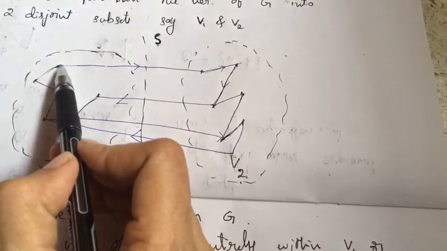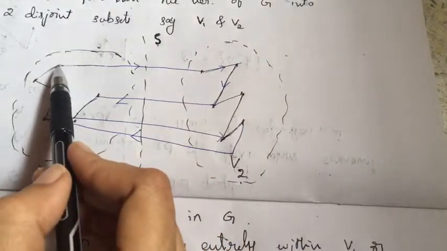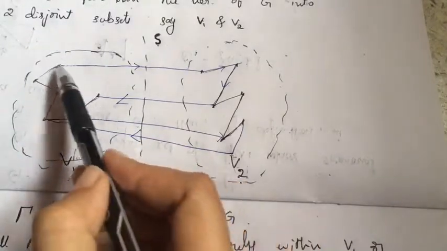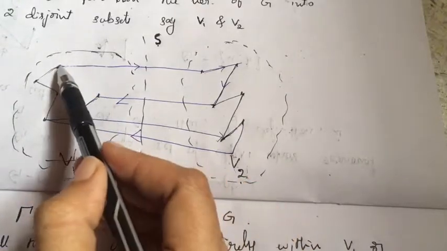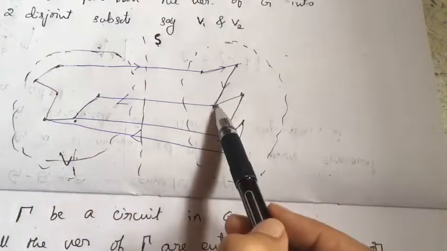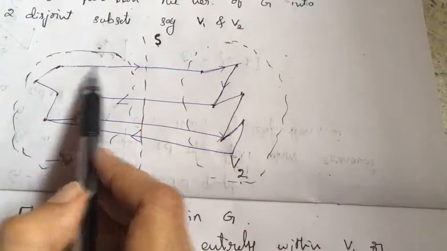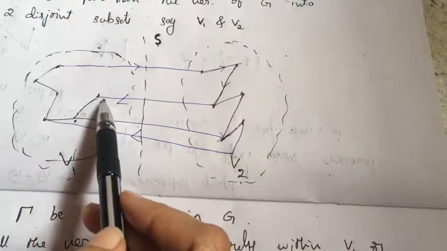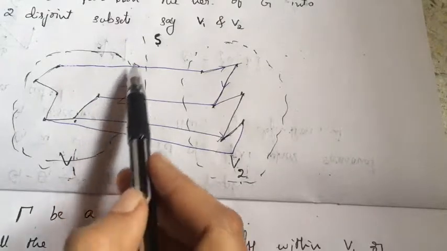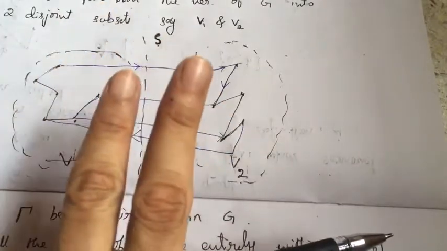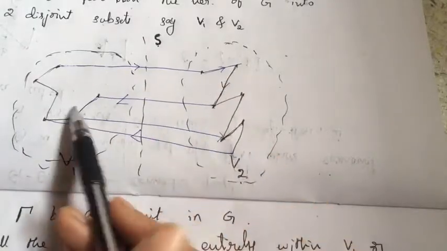Every time to draw a circuit, if I start from this vertex from a set V1 and go like this, then to form a circuit I have to come back. So every time I'm moving back and forth to form a circuit. Every time I'm traveling twice, once like this and then coming back.